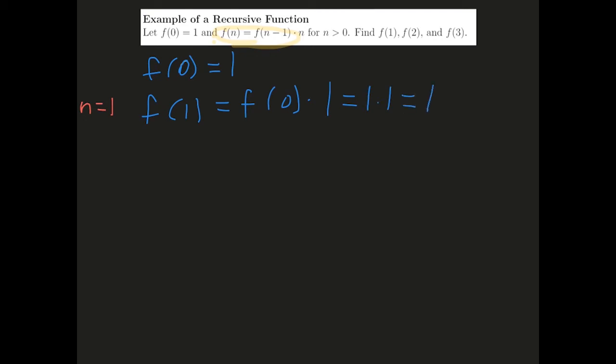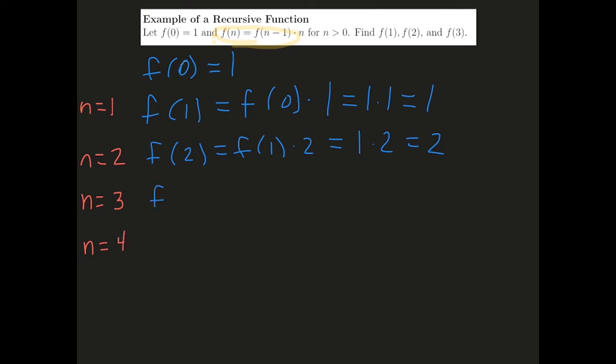The next one would be when n is equal to 2, and we'll have f of 2 equals f of 1 times 2, which is going to be 1 times 2, which is 2. Next will be when n is equal to 3, but I am going to do 4 down here.